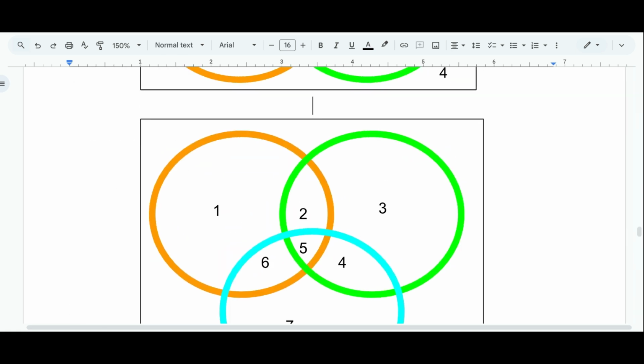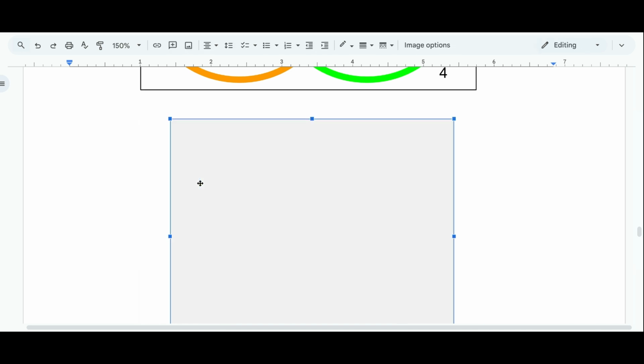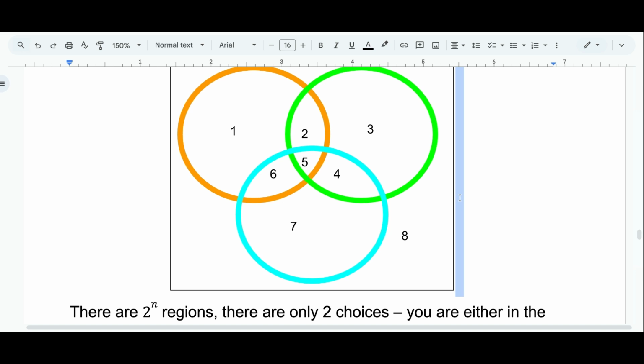If we go to 3 sets, then that jumps up to 8 regions. We have the triple intersection of 5. We have exactly 2, an exactly double situation there with the 2, 6, and 4. 1, 3, and 7 represent belonging to one set, and section 8 represents none of the above.